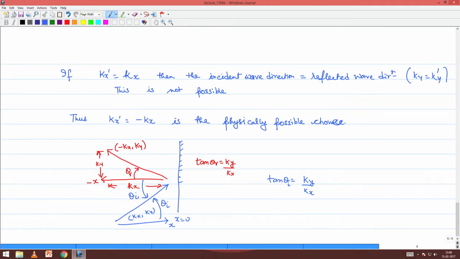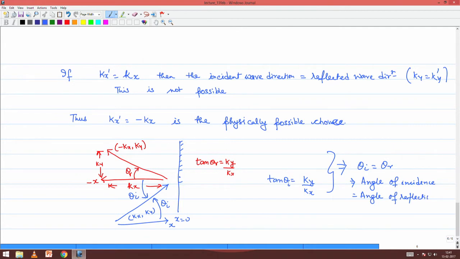So, therefore, what we see is that tan theta I and tan theta r both have the same numerical value, which essentially means the angle of incidence is the same as the angle of reflection. So, what we have to conclude from here is that theta I equals theta r, which implies the angle of incidence equals the angle of reflection, right.